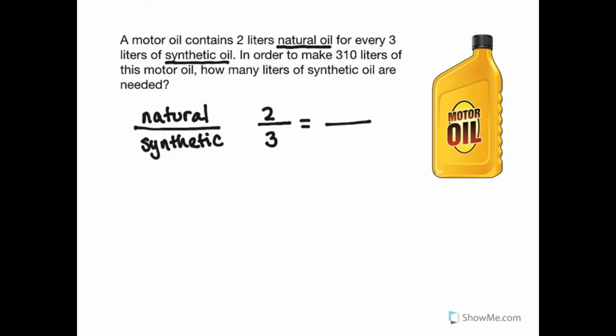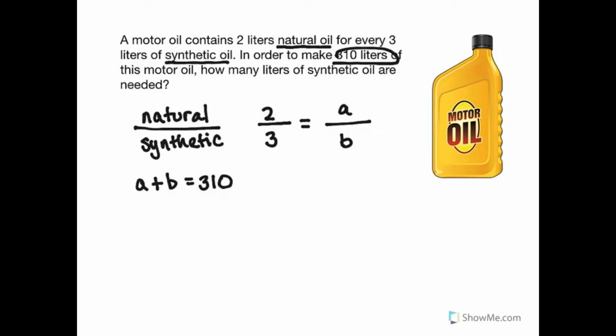Now my second proportion, it says I want to make 310 liters in all. So the natural plus the synthetic is going to be 310. Well, let's call the natural A and the synthetic B, and that would give me A plus B equals 310 in total.